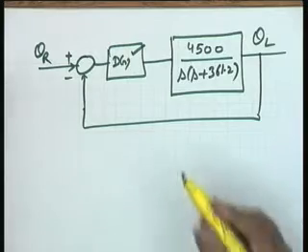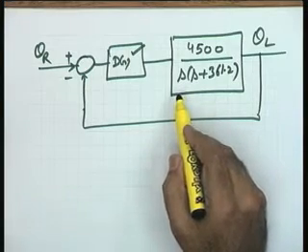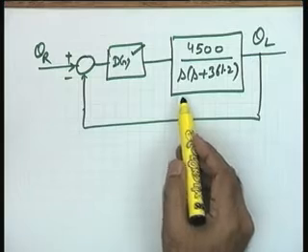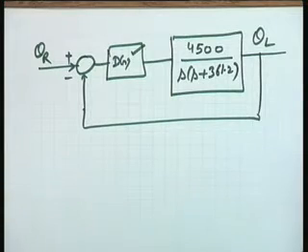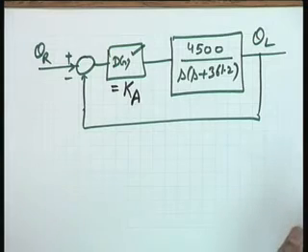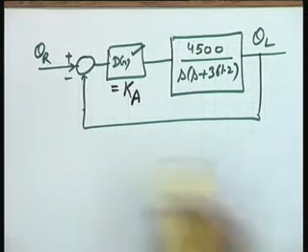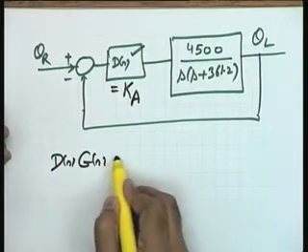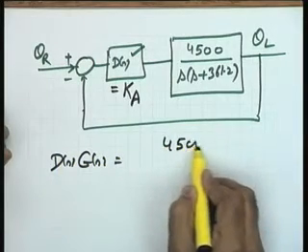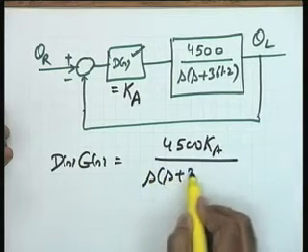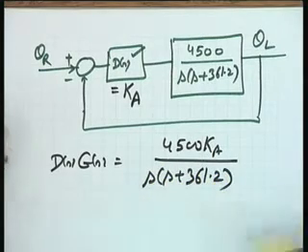And naturally, in this particular case, I will first like to try only a position controller, because the system is a type 1 system. Okay. So, I try only an amplifier Ka and see whether my performance requirements are satisfied or not. So, with this Ka, I find D(s)G(s) is equal to 4500 Ka divided by s into s plus 361.2.